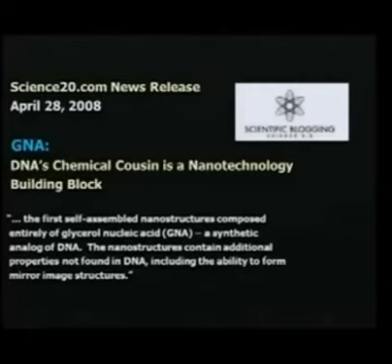It's a nanotechnology building block. The Biodesign Institute at Arizona State develops the first self-assembled nanostructures composed entirely of GNA, synthetic analog of DNA. The nanostructures contain additional properties not found in DNA, including the ability to form mirror image structures.